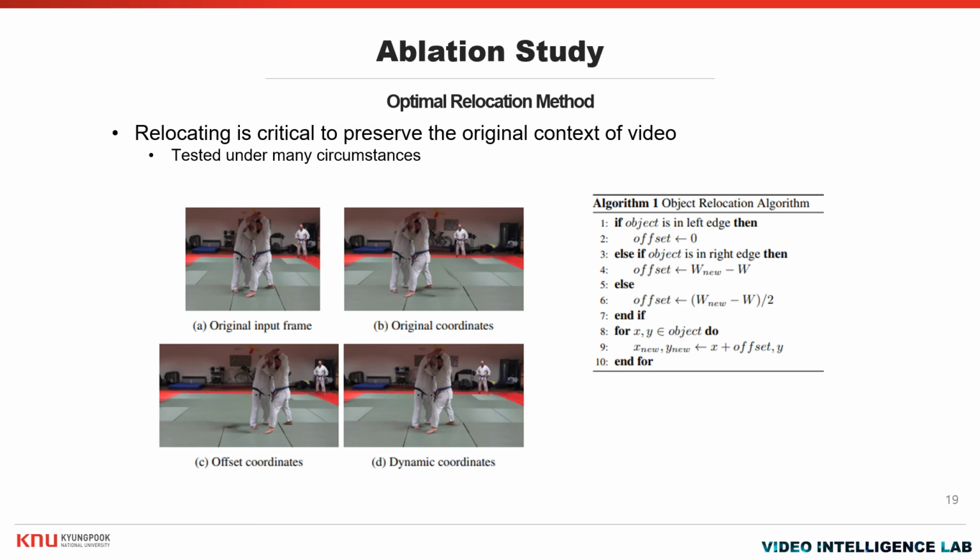The offset coordinate moves pixels by an increased width, so the object is skewed to the right. Therefore, we place it in a natural position by giving an appropriate offset according to the position of the object, as in the algorithm on the right.